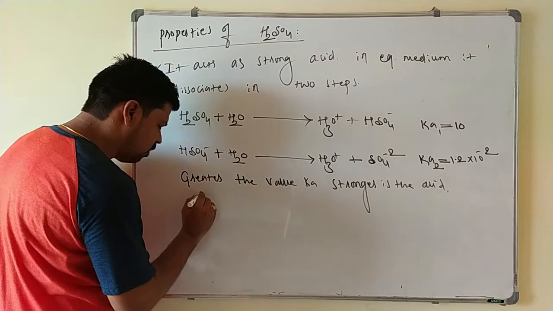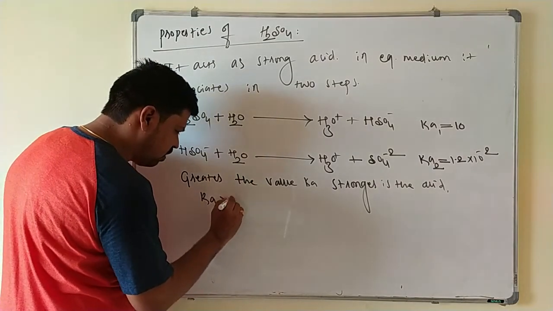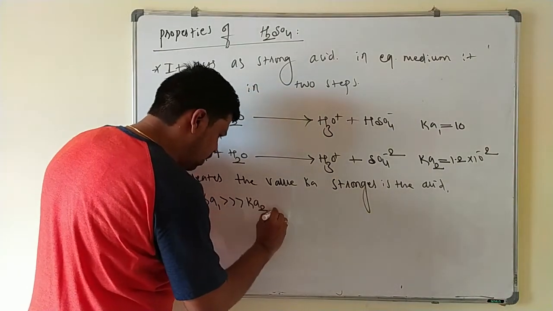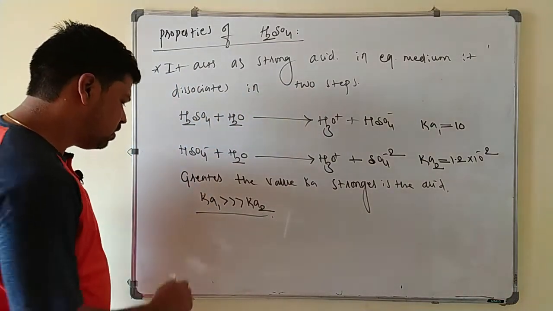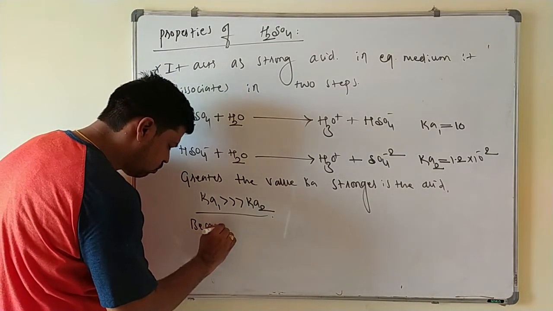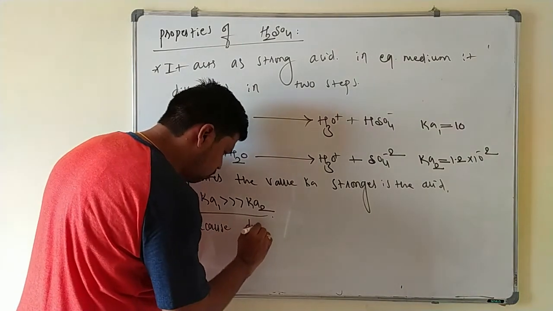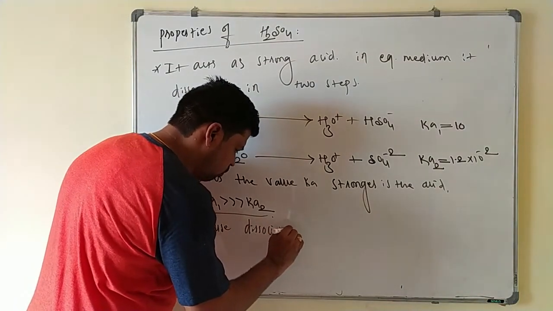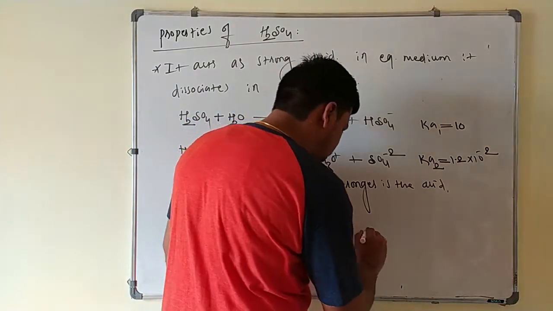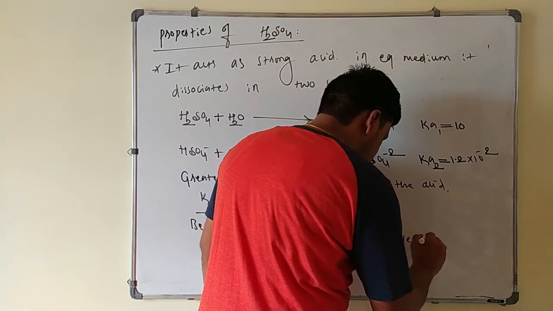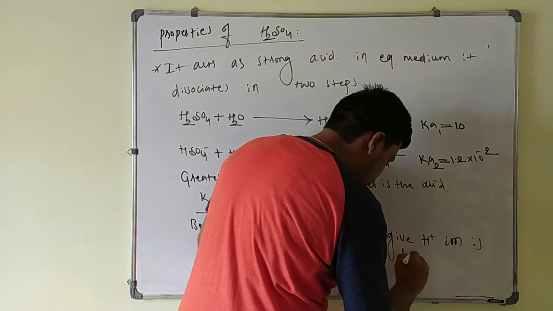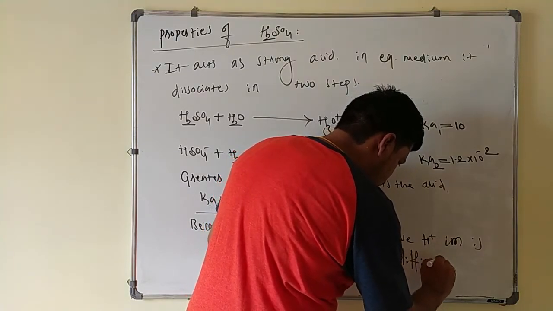For H2SO4, Ka1 is very high compared to the Ka2 value here, because dissociation of HSO4 minus to give H plus ion is difficult.